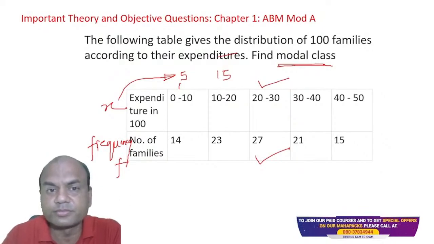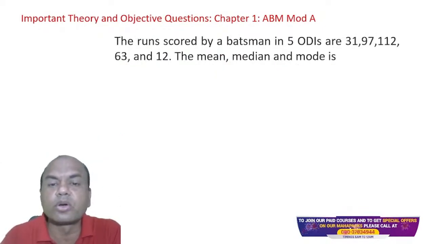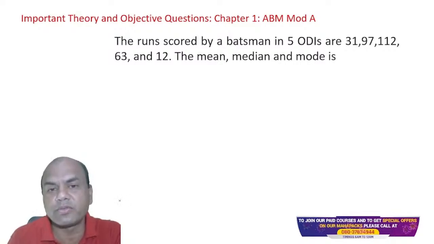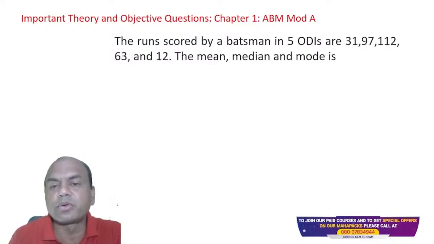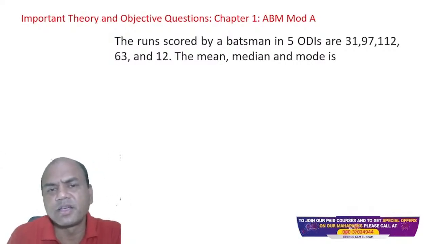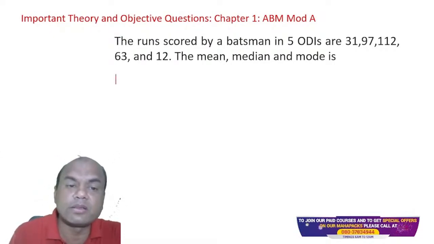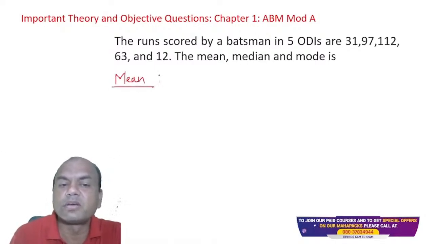Move on. The runs scored by a batsman in 5 ODIs are 31, 97, 112, 63 and 12. Find the mean, median and mode. So first let's find out the mean. What is mean? Mean means addition.